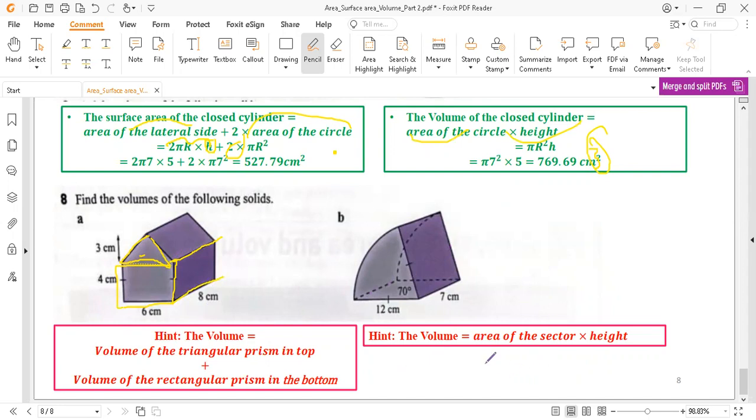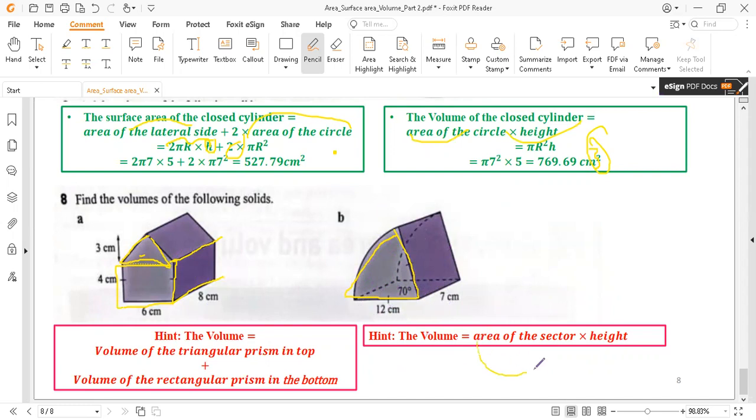What about the next one? We have a sector as a base. It is a portion of a cylinder. The cross section is that one, so we can consider it as a base.